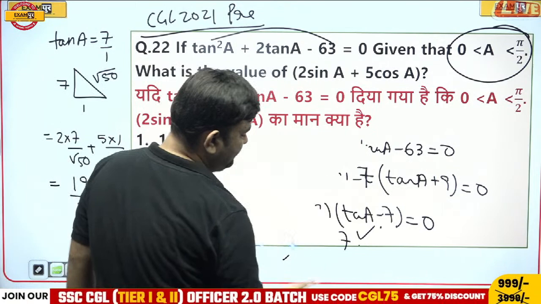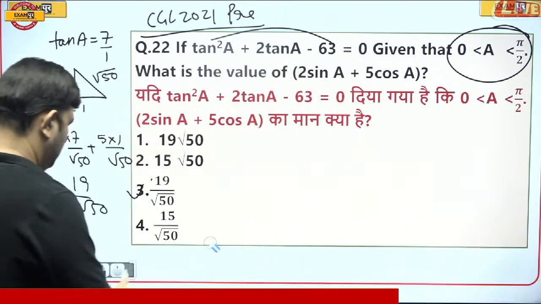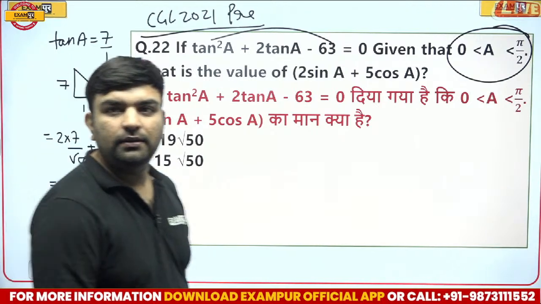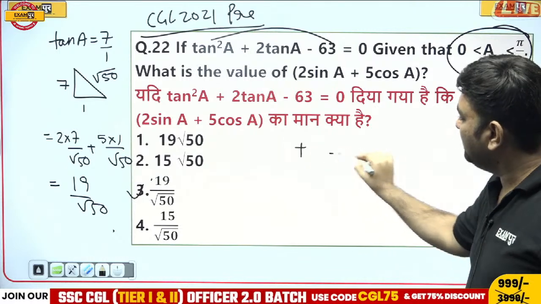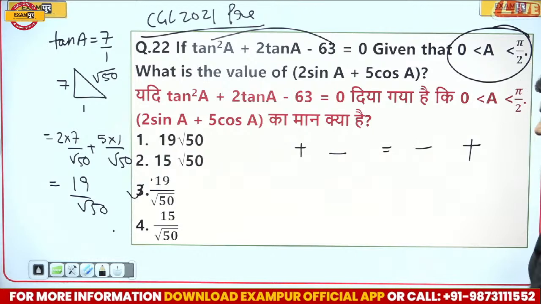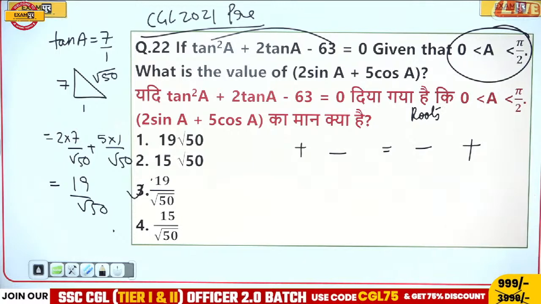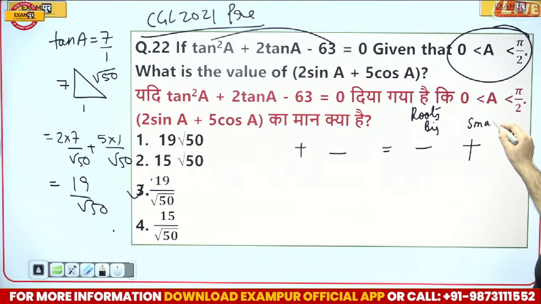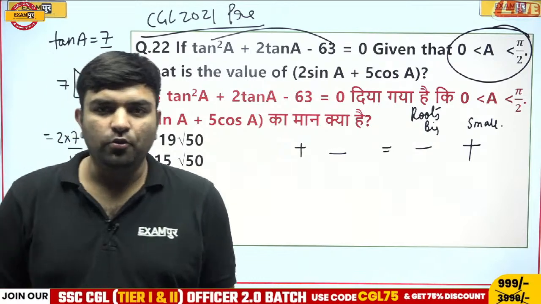The point is, for plus minus, the roots are minus and plus. This is the bigger root and this is the smaller root numerically.